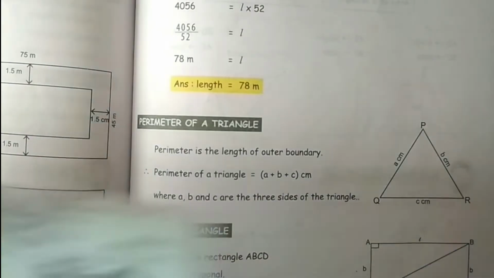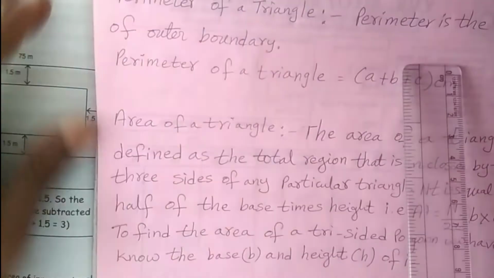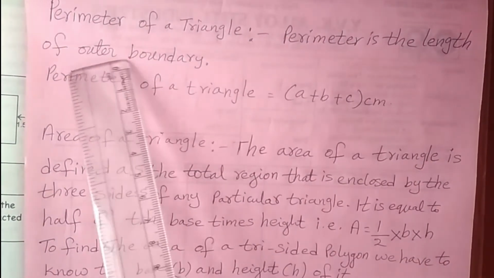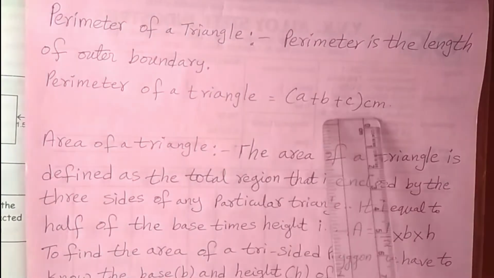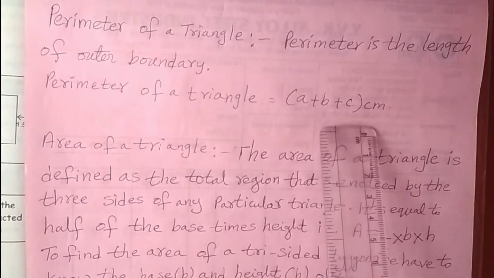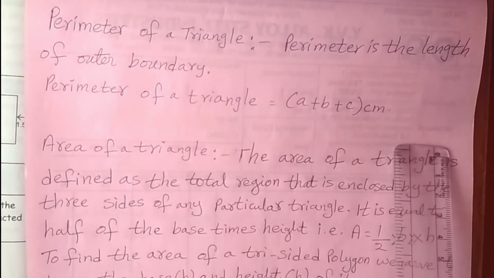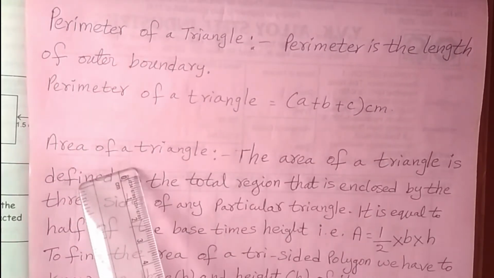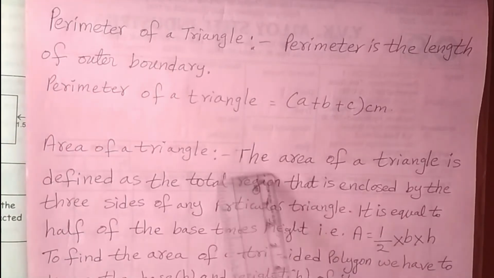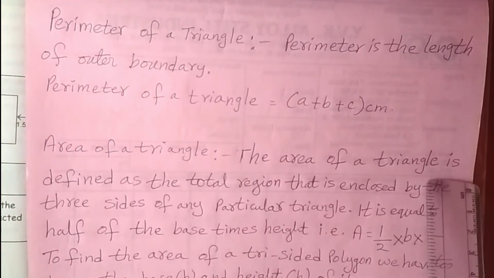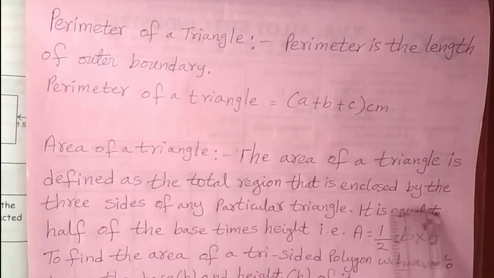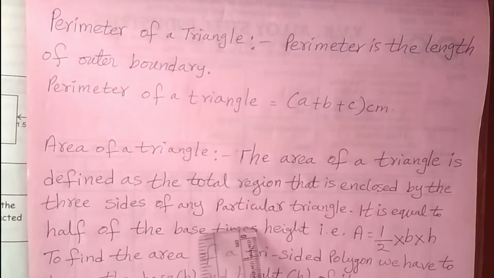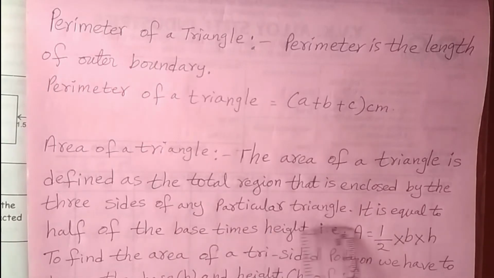Perimeter of a triangle. Perimeter is the length of outer boundary. Perimeter of a triangle is equal to the formula A plus B plus C centimeters. Okay, now if you find the area of a triangle, the area of a triangle is defined as the total region that is enclosed by the three sides of any particular triangle.